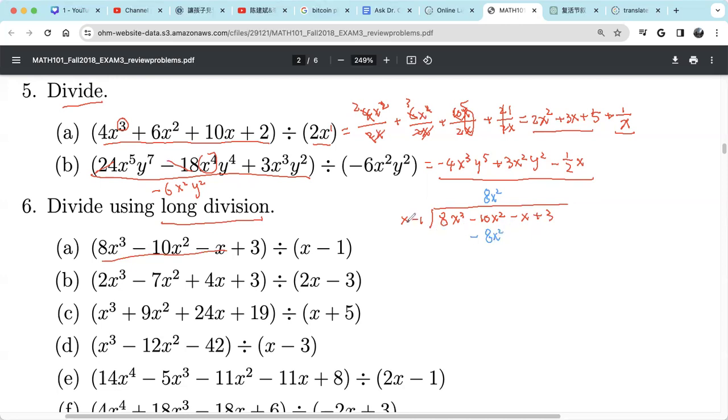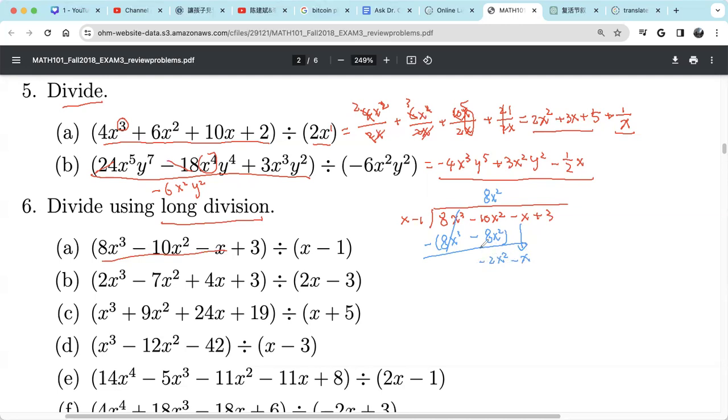Of course, the first term is x times ax squared, which is ax cubed. We don't really need to write it because each step we're going to subtract. When we subtract, this becomes 0. So negative 10x squared minus negative ax squared, negative 10 plus a, that's negative 2x squared. Then we pull the next term down, negative x.